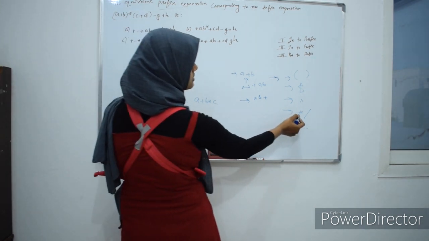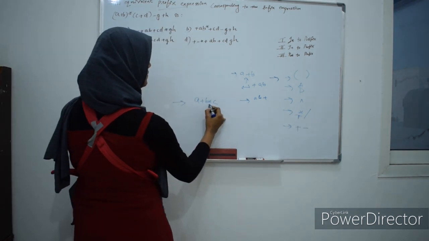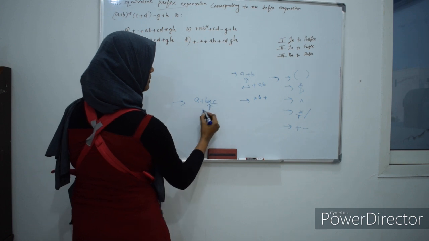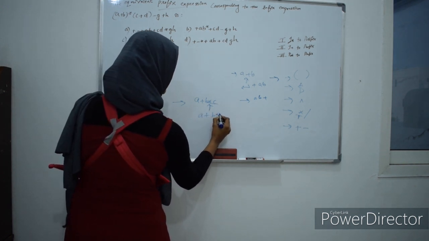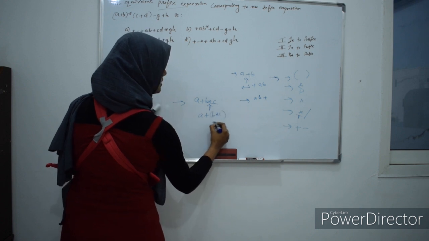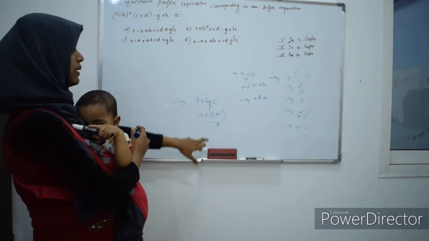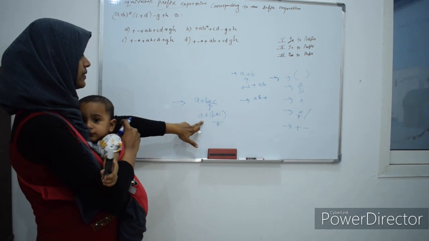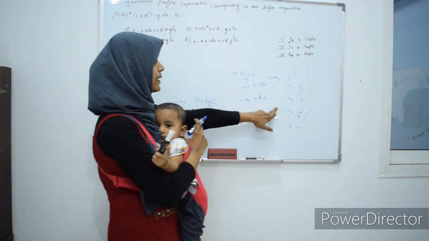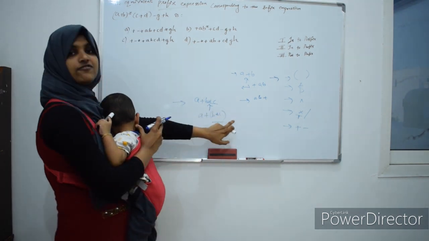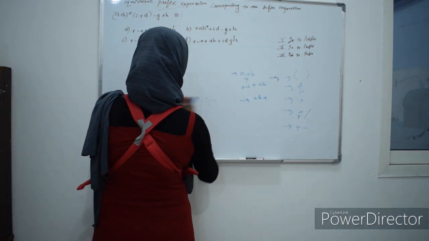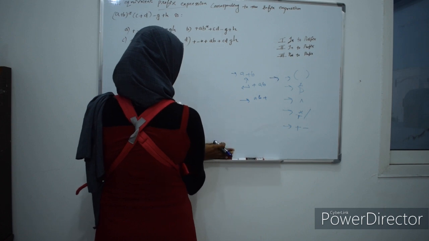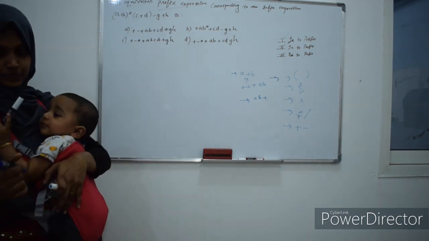Here the high priority is multiplication, so first B star C, then plus. The high priority operator is given the first chance, like the BODMAS rule.